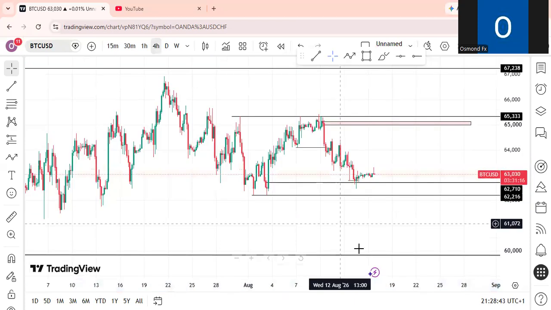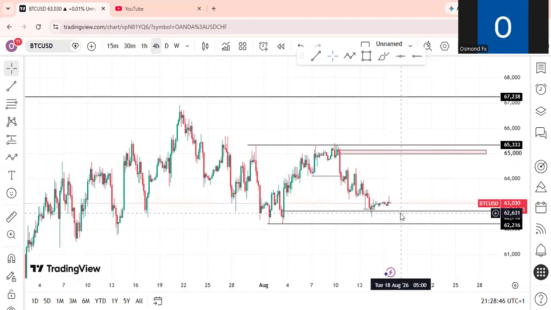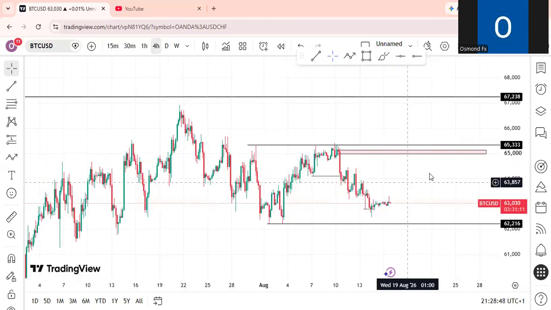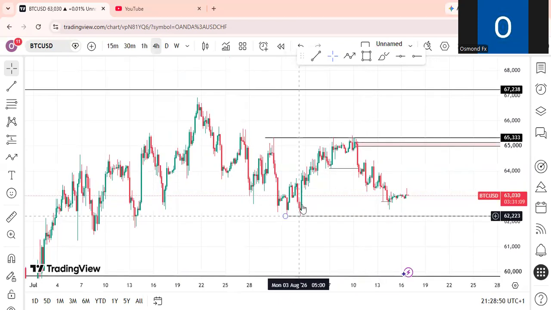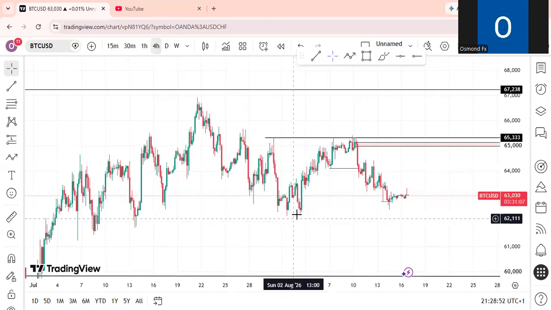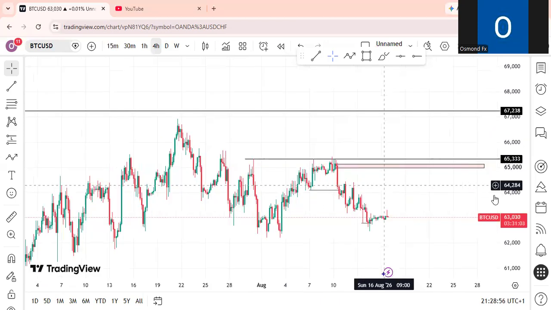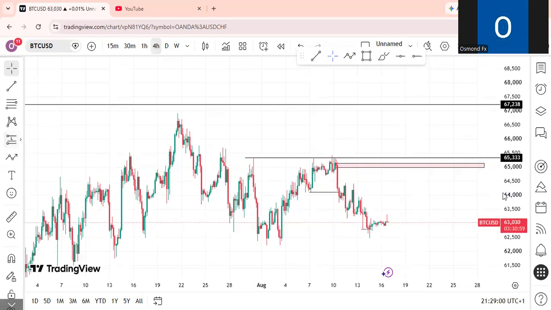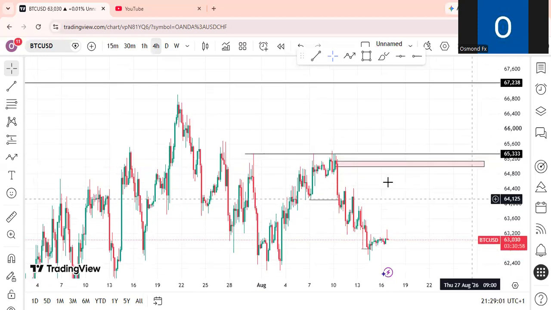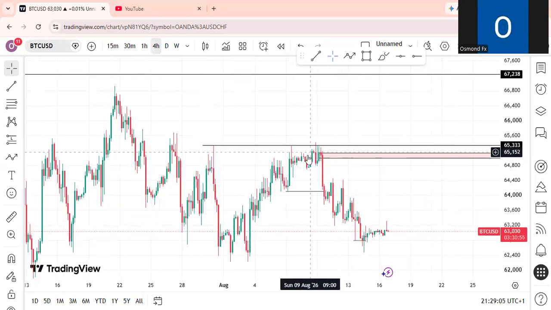Coming to 4-hour time frame, if you watched my last analysis, you know that I caught this buy about the last 2 or 3 weeks. For my last analysis, BTC was around here.